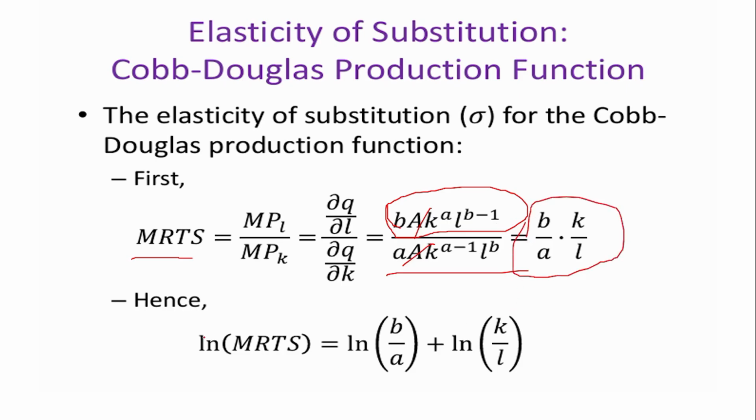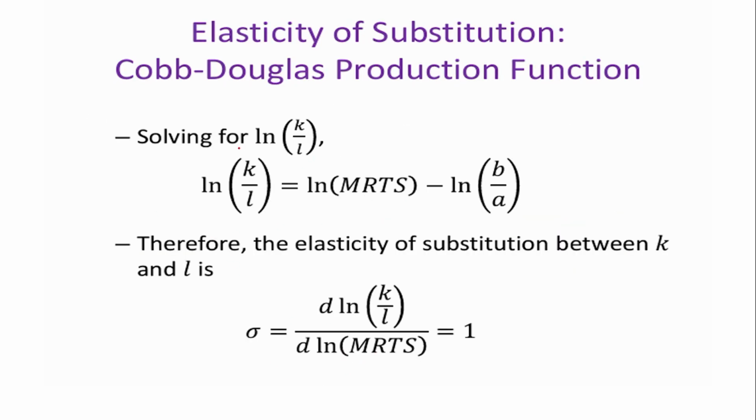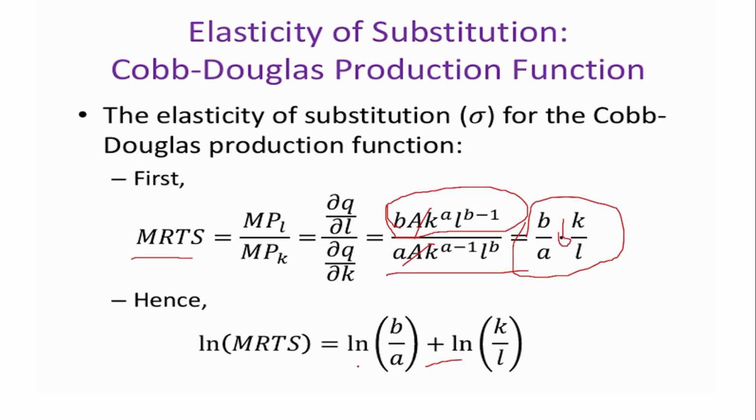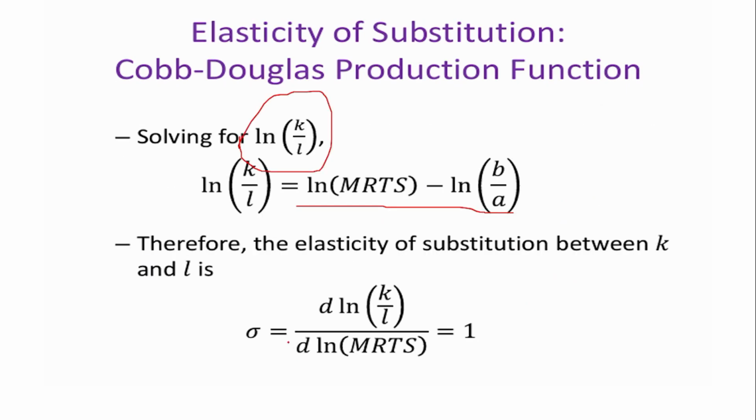Taking ln on both sides, and the product will be a plus in natural log. This function we can write for K/L, this side is changed, that moves toward that, and this part will go there, nothing else.